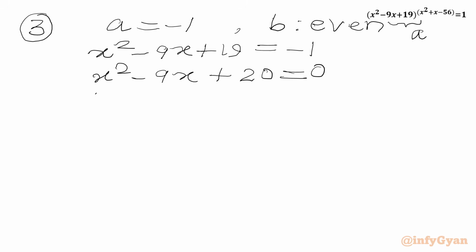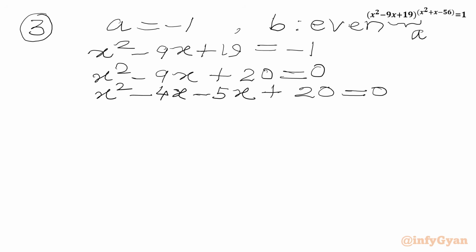Now we can split minus 9x as minus 4x minus 5x. We have plus 20 equal to 0. Now from first two terms x is common. We will get x minus 4 in the bracket. From next two terms minus 5 is common.